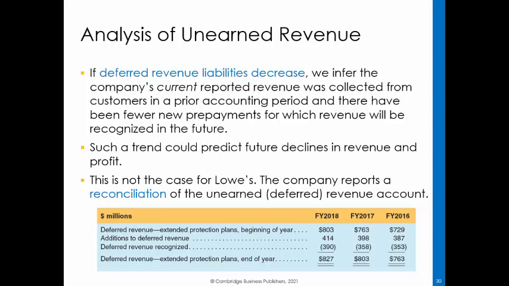Such a trend could predict future declines in revenue and profit. As the analysis for Lowe's shows, they have increasing deferred revenue for extended protection plans over the 2016 to 2018 period. Therefore, we would have no reason to predict future revenue declines.